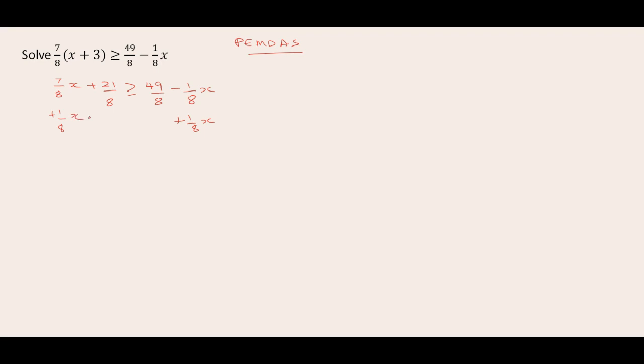So now we're going to add 1 over 8x to both sides. So 7 over 8x plus 1 over 8x. That's going to be 8 over 8x, which is just x. So x plus 21 over 8 is greater than or equal to 49 over 8.